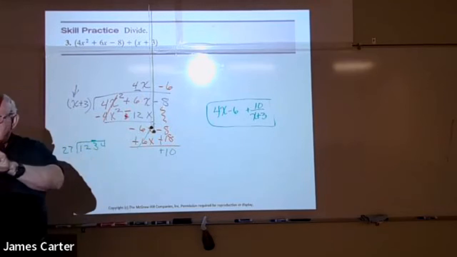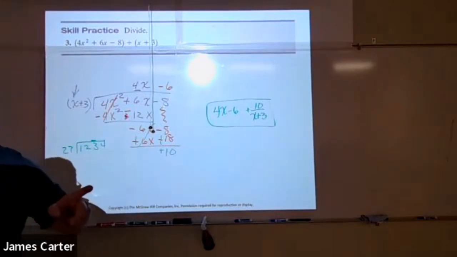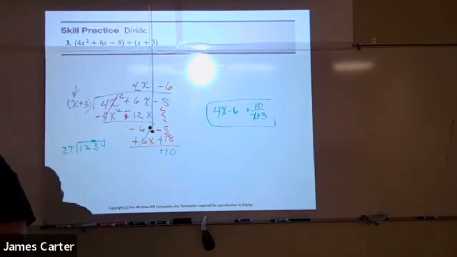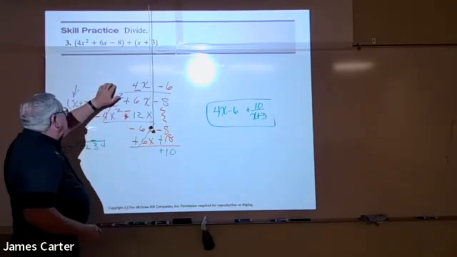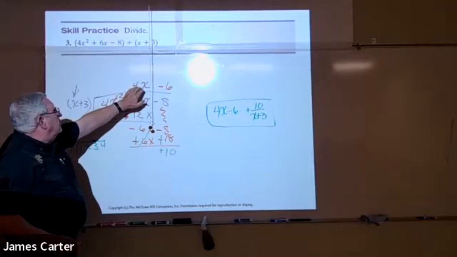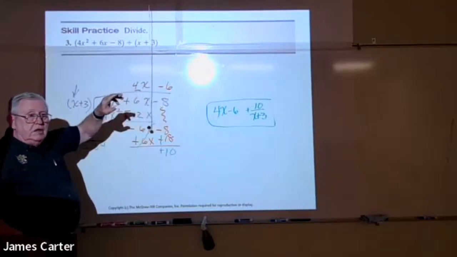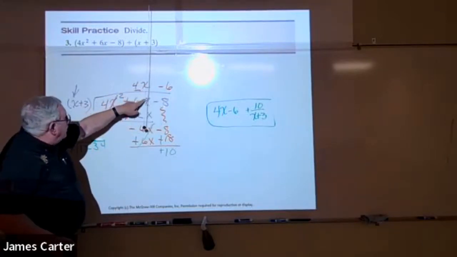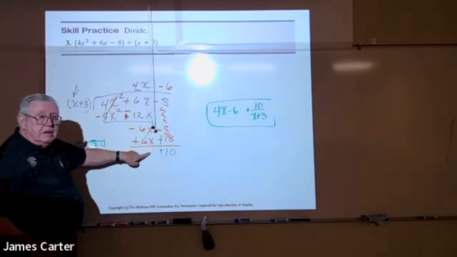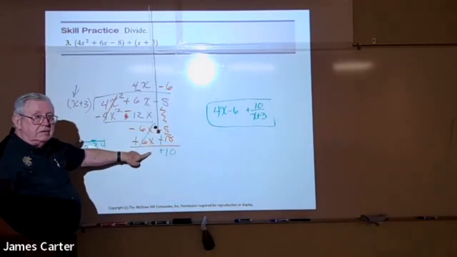Now, you're going to see and may have seen in high school, I don't think Alex does this, but sometimes you're going to see him go ahead and put this 4x here and the minus 6 there and whatever. Look at my x's. They align when you do it this way that I'm telling you.